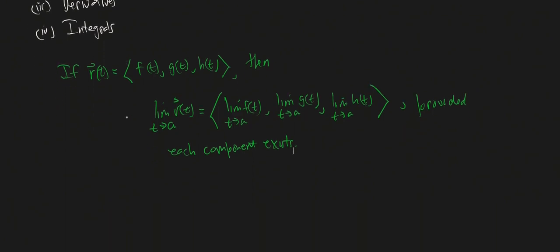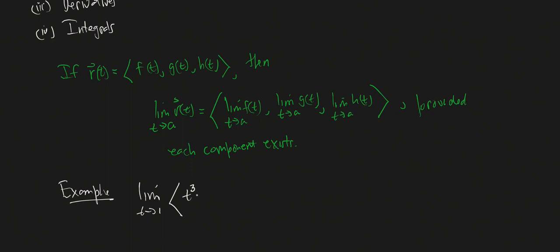Okay, so let's do an example of a limit. So I'll write it. Let's say we want to compute the limit as t approaches 1 of, and I'll just write the vector function down.